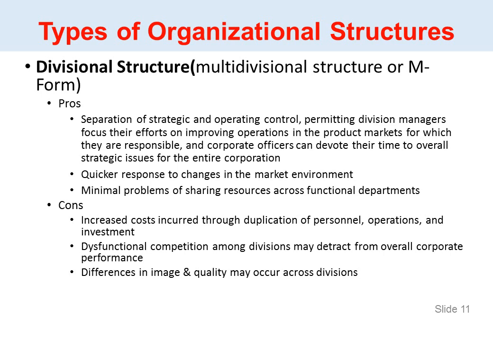Dysfunctional competition among divisions may detract from overall corporation performance. Because I am a manager of finance in this division, and there is another manager of finance in another division. This is a contradiction.